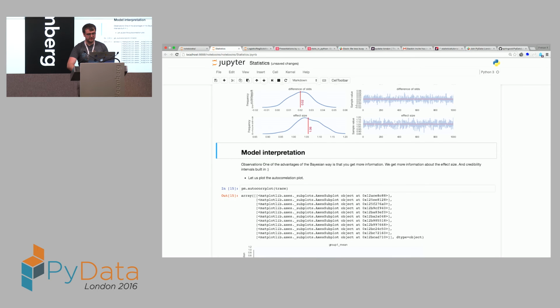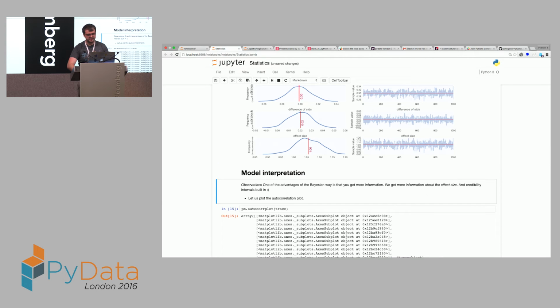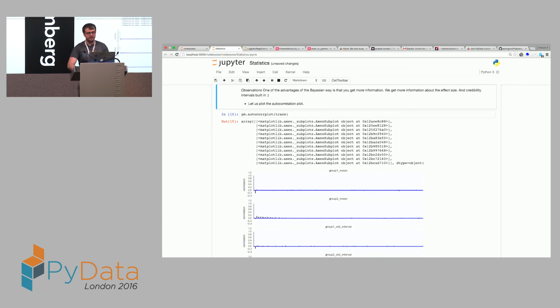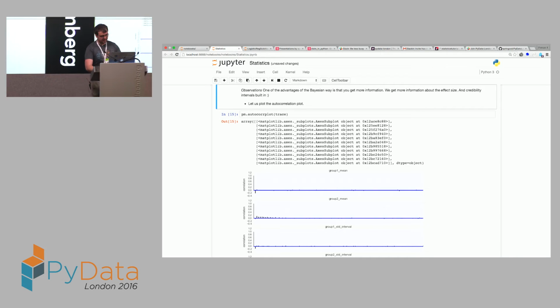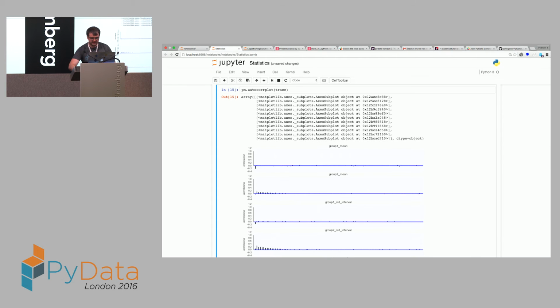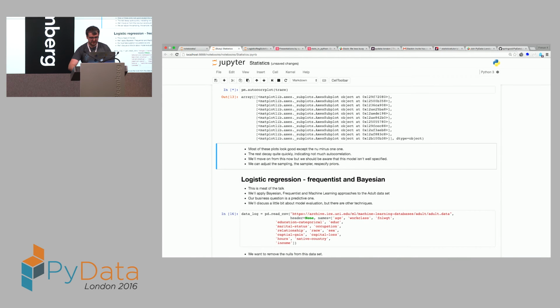So then it's slightly better, and you can see more things here, particularly where the mean is on your frequency and your difference of standard deviations. The other thing you want to do is look at things like autocorrelation, which isn't too bad for this model, if I remember correctly.